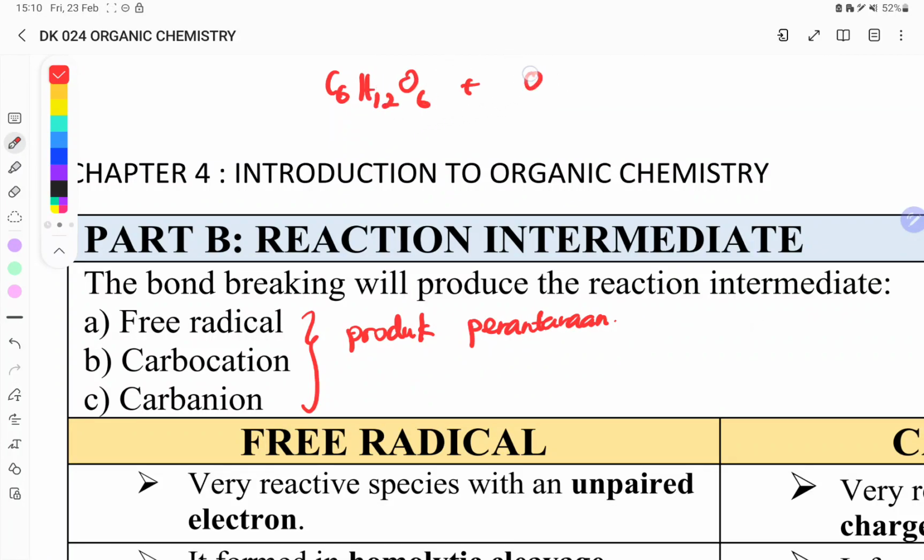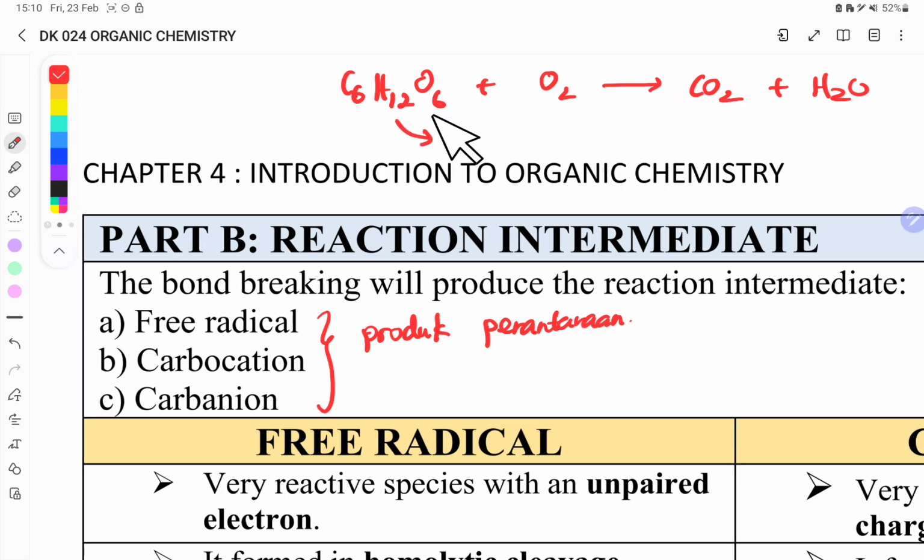Okay. So contohnya yang saya tunjuk dalam kelas saya semua, saya guna C6H12O6 plus O2 akan jadi CO2 plus H2O. Sebelum ini jadi CO2, dia akan jadi something else dulu. P jadi Q, jadi R, jadi S, dah jadi macam-macam, barulah dia jadi CO2 dengan H2O. Okay, this is how it happens. Dia ada banyak step.